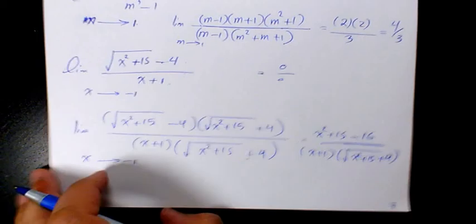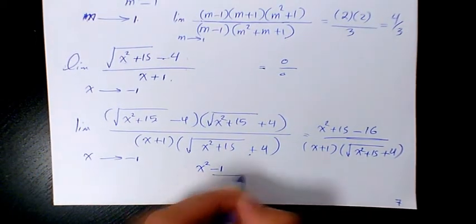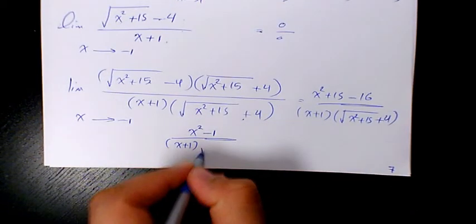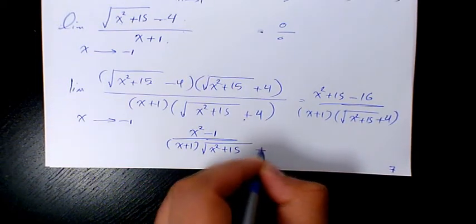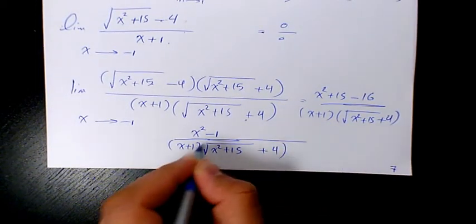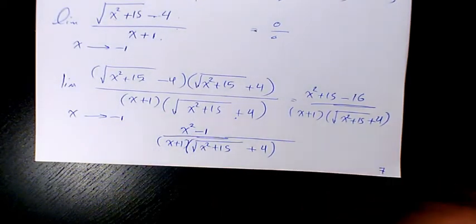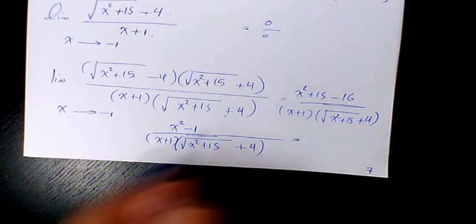So basically you have x squared minus 1 over (x plus 1), then (square root of x squared plus 15 plus 4), and here x squared minus 1 you can write as (x minus 1)(x plus 1), and x plus 1 cancel out.